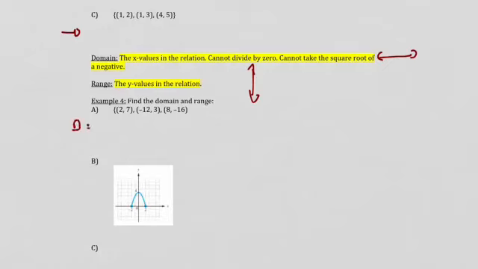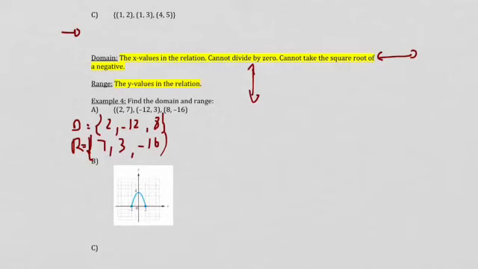Okay? So, if you have to define the domain in the example 4, you are going to say that the domain D is going to be 2, -12, 8, when the range is going to be 7, 3, and -16. Okay?